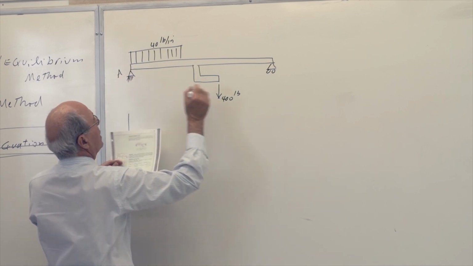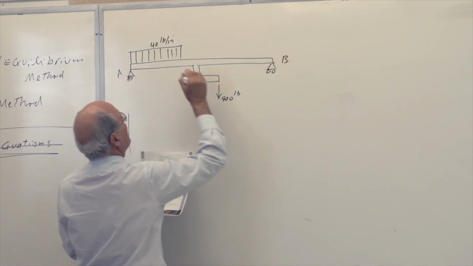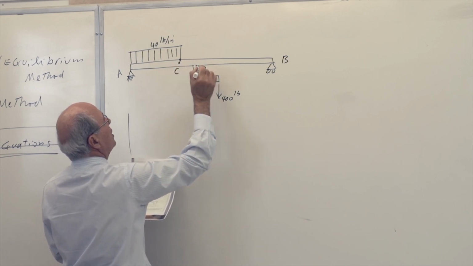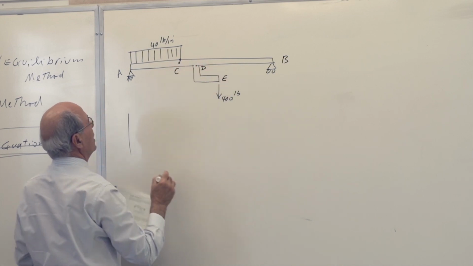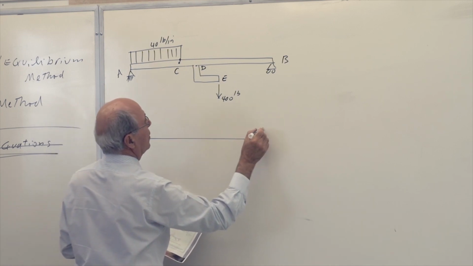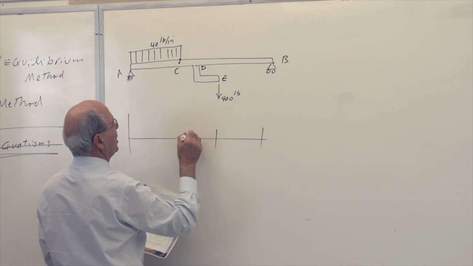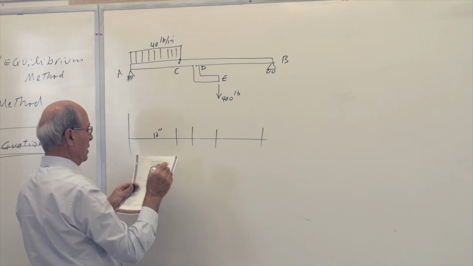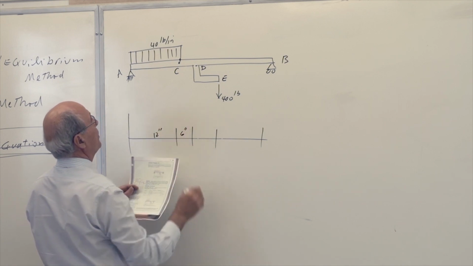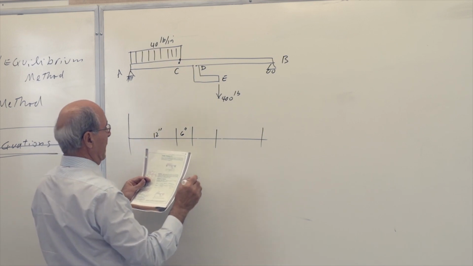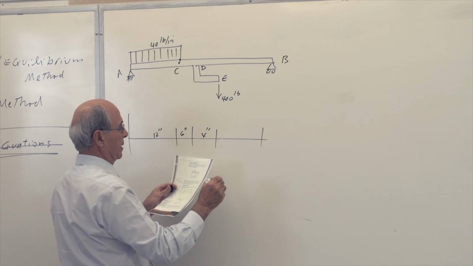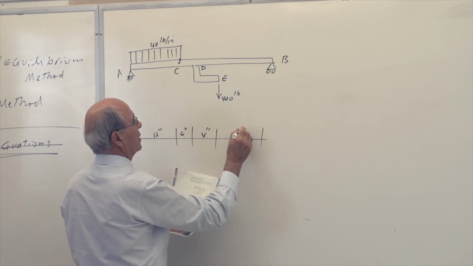This is A, this is B, this point here is C, this is D, and this is E. This is not to scale again, sorry. This is 12 inches from A to C, 6 inches from C to D, 4 inches from D to E, and 10 inches here.